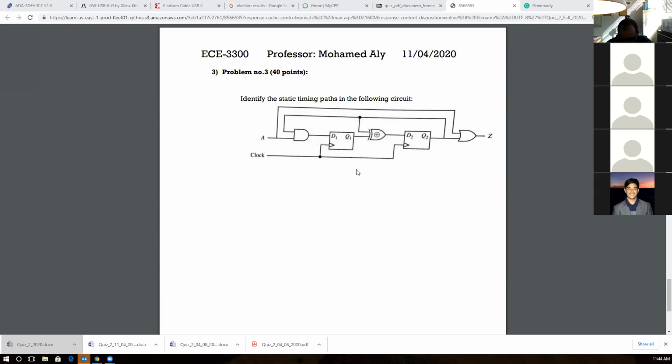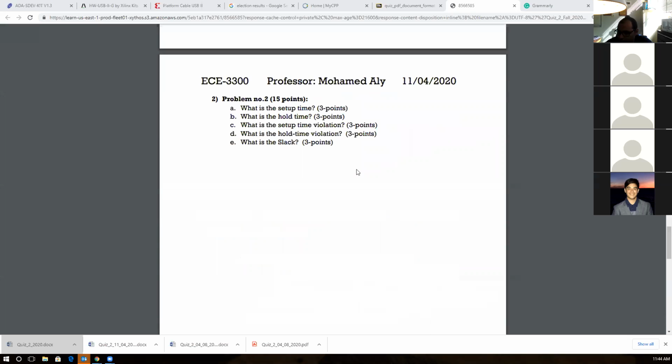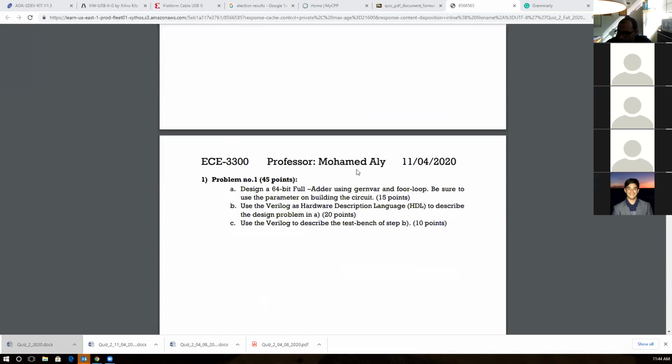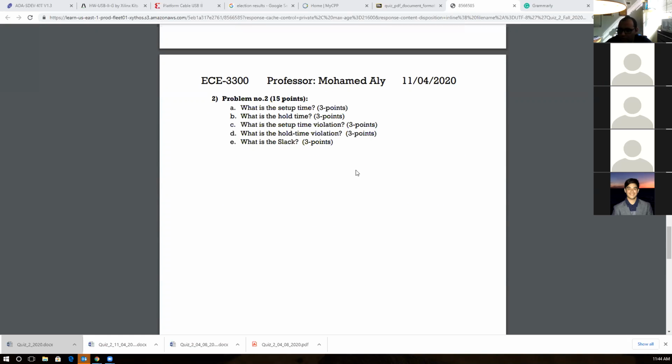For number 2, does it go hand in hand with number 1, or is it its own question? Do you want us to just answer what the setup time is? Yeah, a definition. What is the definition of the setup time? What is the definition of the hold time? What is the setup time violation? What is the hold time violation? What is the slack definition? But a definition in a way that I fully understand that you understand, not just copy and paste something.